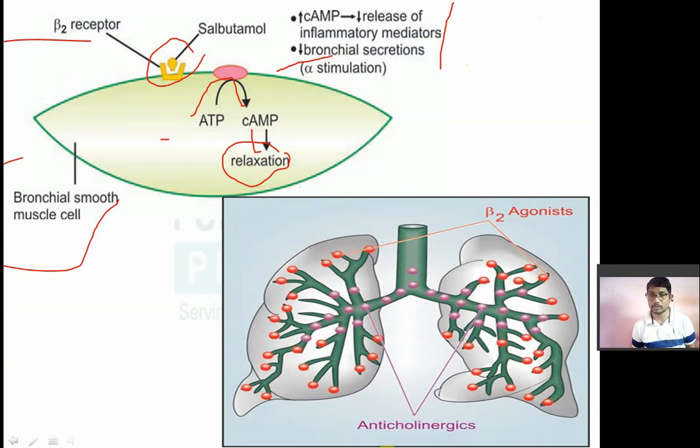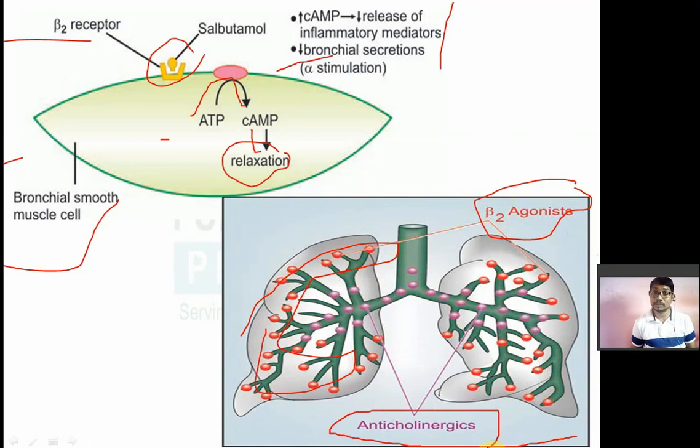Now you can see over here another diagram. So beta-2 agonists, this is salbutamol, terbutaline, bambuterol, then salmeterol. These drugs are the beta-2 agonists. They will act on the small airways. Where will they act? Smaller airways. In the diagram, the red dot is the small airways. Beta-2 agonists will act on small airways, and anticholinergics like ipratropium bromide, tiotropium bromide will act on larger airways.